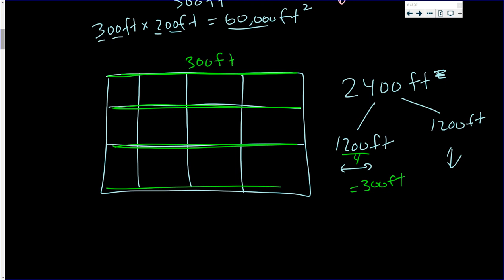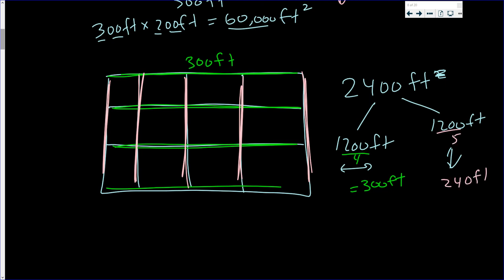Vertically, 1, 2, 3, 4, and I didn't mean this, but 5. You divide this by 5, you get 240 feet. So it's going to be 300 by 240 feet. That is the largest area you can get.